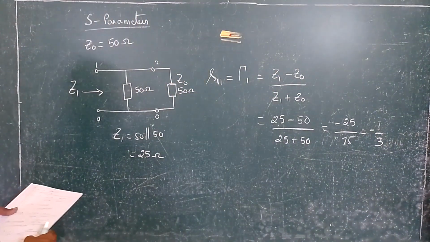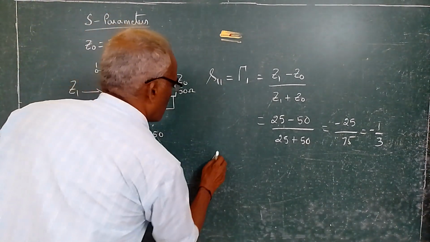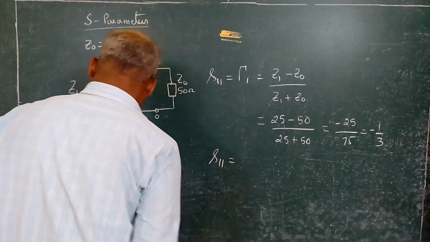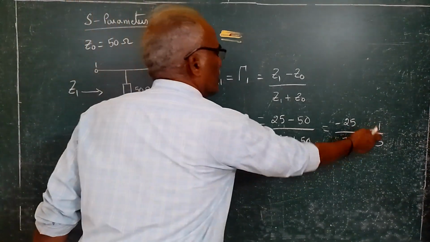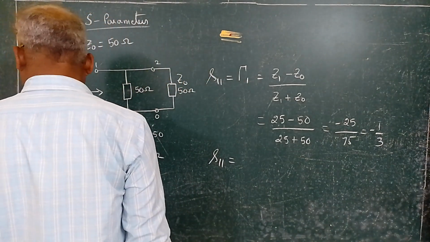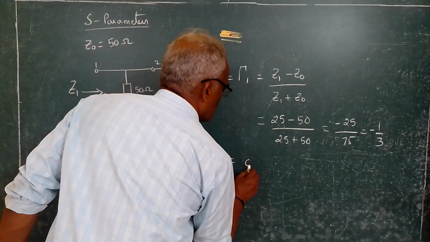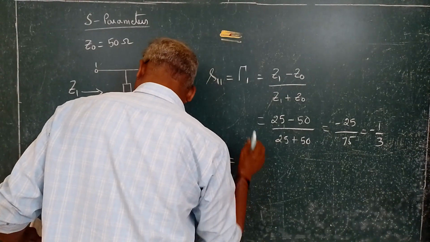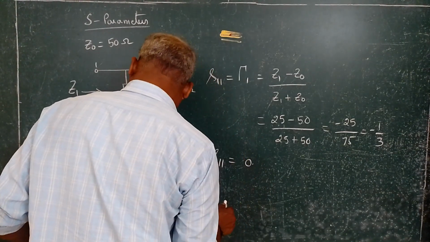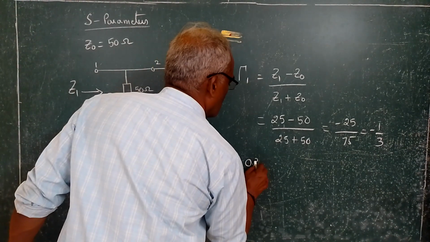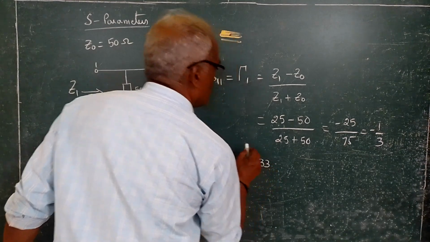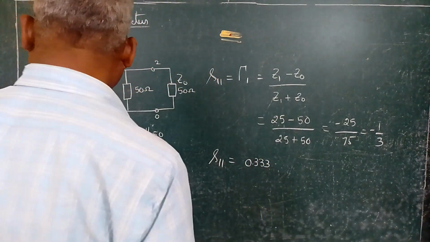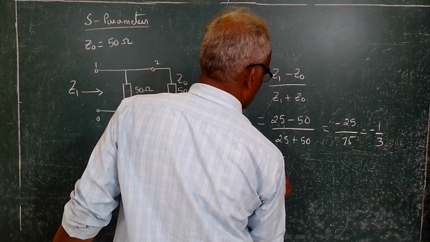Okay. So S11 is equal to, if you divide, 0.333, angle is 180 degrees.